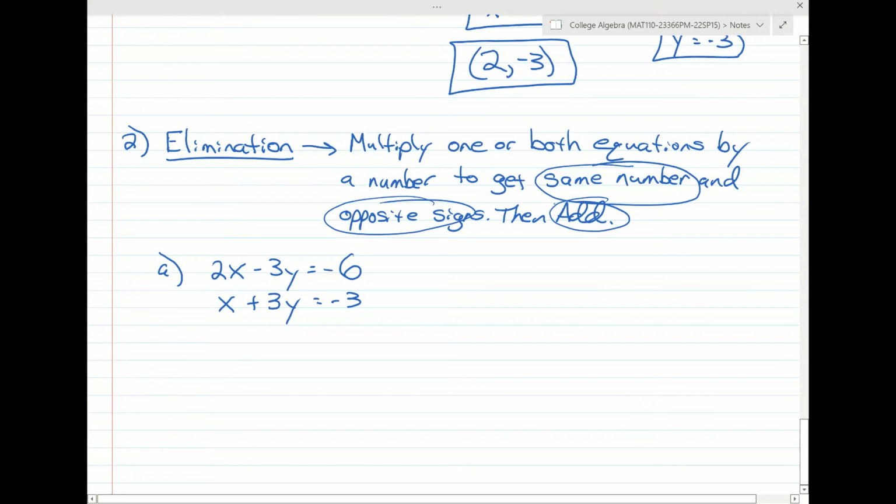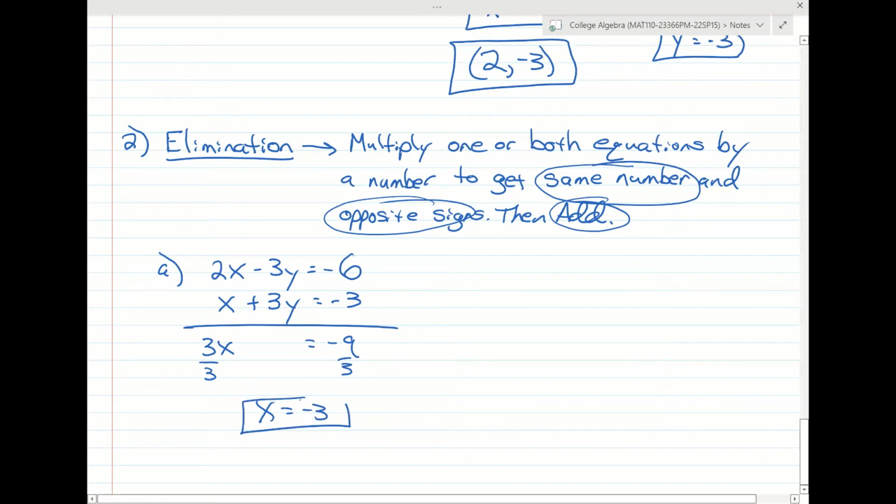So do you guys see that here? Do we have the same number but opposite signs? The threes, right? So what we want to do is then add. You always add. So if you add these together, 2x plus x is 3x. -6 plus -3 is -9. And then if we just divide both sides by 3, you get x is -3.